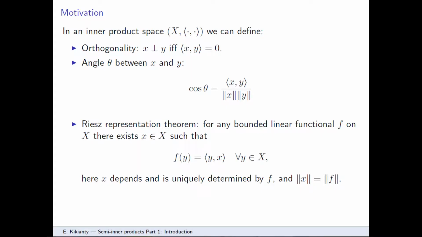On X, well, Rodman likes to call it F, there exists some x in the original space such that you can represent that functional with inner products. So it's quite nice. And here x depends on F uniquely, and the norm is the same. Okay, so it's quite nice.